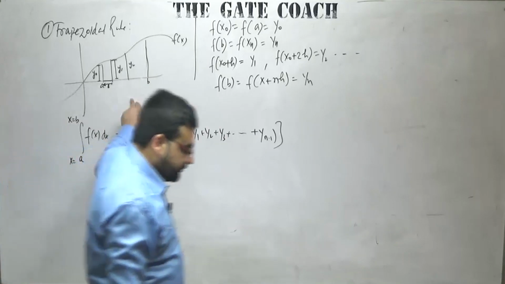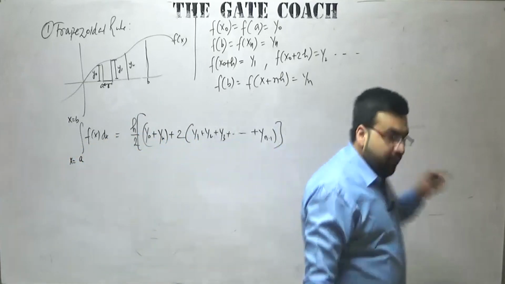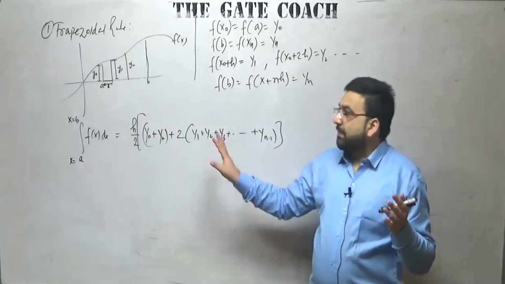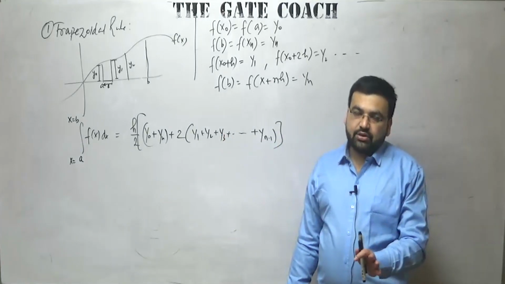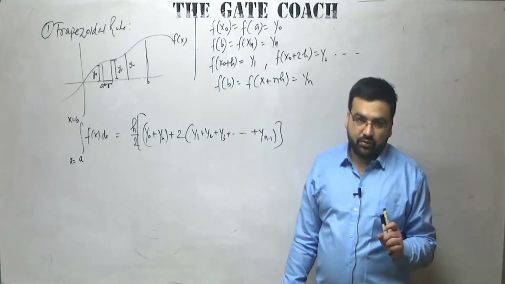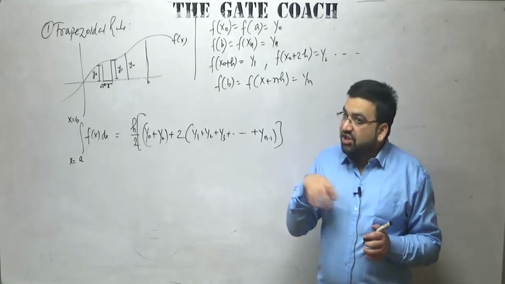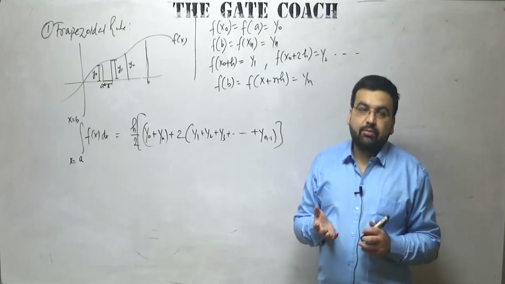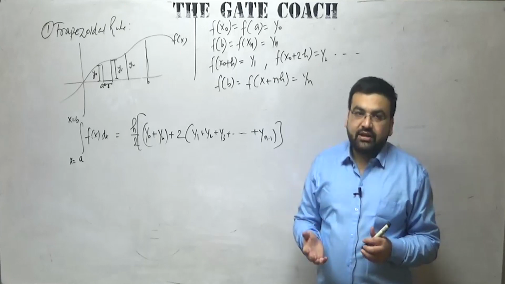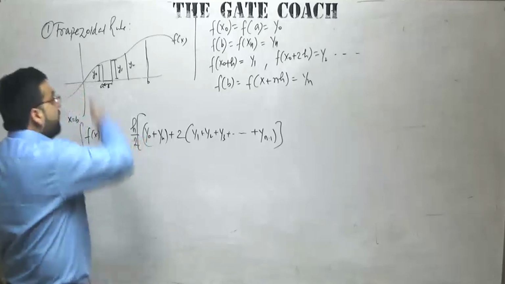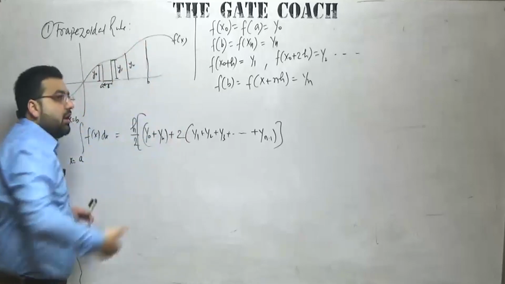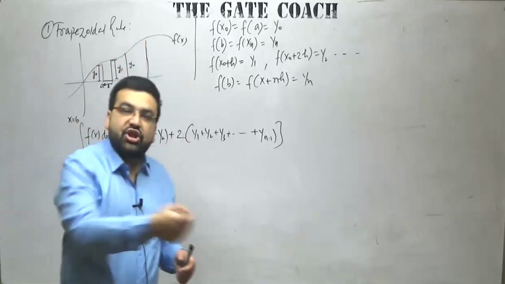But if you want much more accuracy, because the trapezoidal rule is not an accurate rule, you will get some values of f of x, but it is not accurate. If you want a much better rule, then obviously the value of n should be more. That is common sense. If you increase the value of n, you will get a much more accurate result.